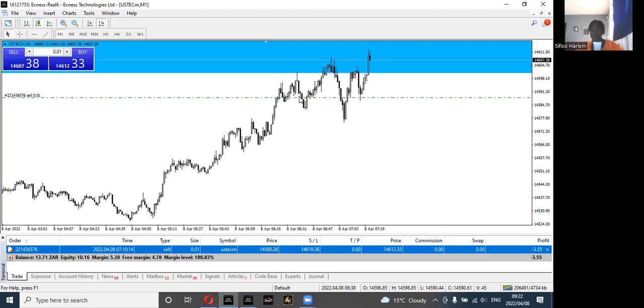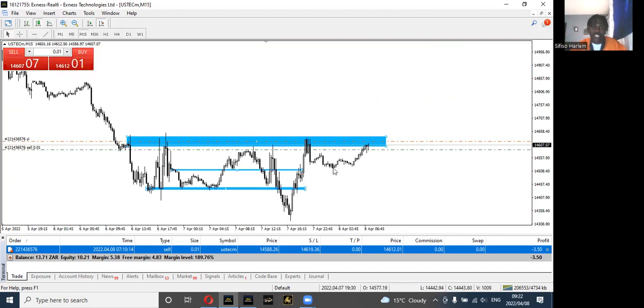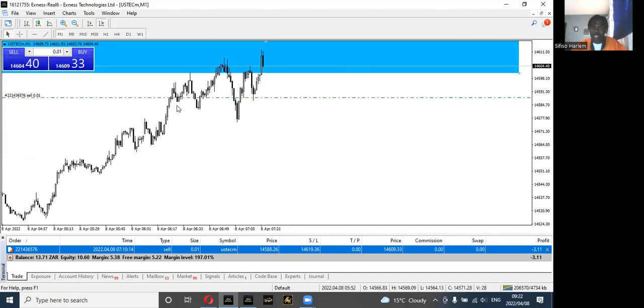I'ma hold it because we're still in our price level. But the reason I put a stop loss from that level is because I'm trying to save the account. Once it hits stop loss, I won't be able to execute trades.